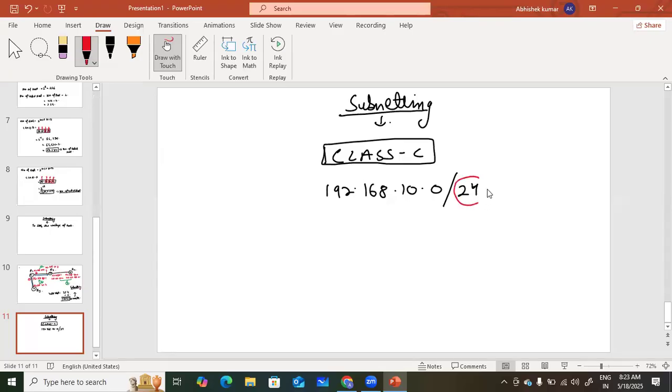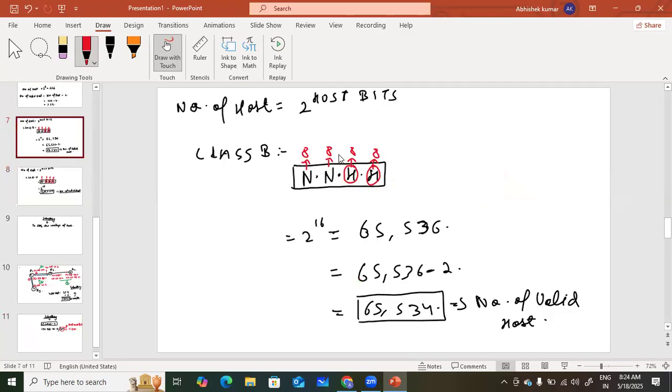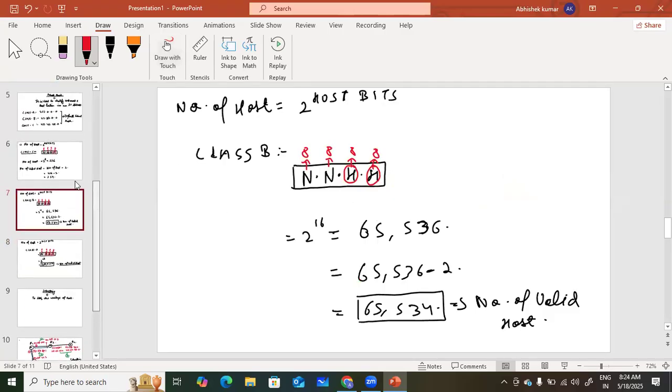Exactly. 24 bits are used for the network portion. You can call it the CIDR value as well, classless interdomain routing. Why 24? I'll explain.